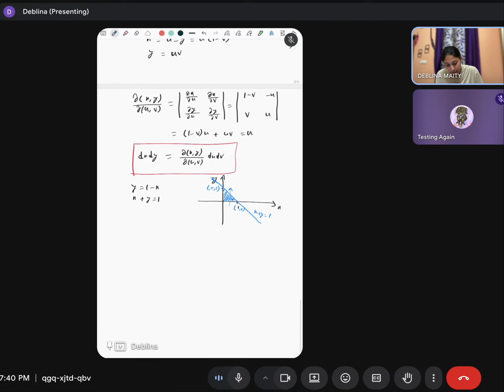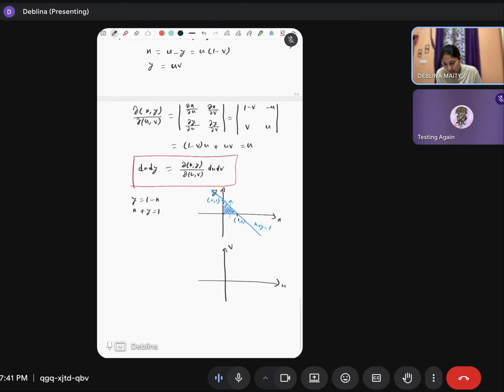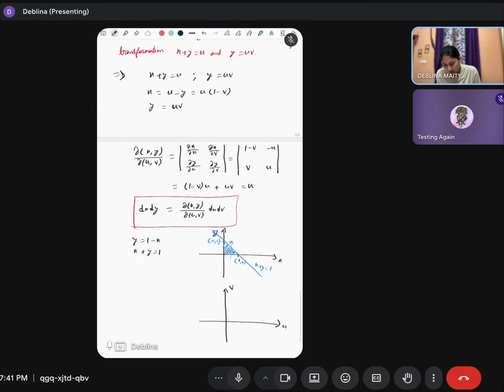Now when we change to uv, so now our coordinates are uv, right? So what is u? U is x plus y, and x plus y is changing from 0 to 1, right? So u is changing from 0 to 1.